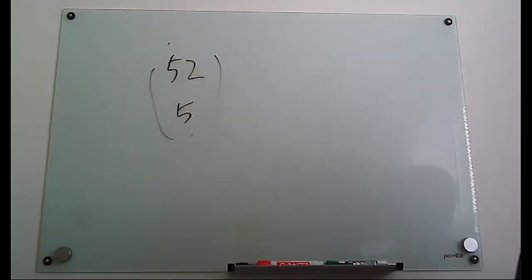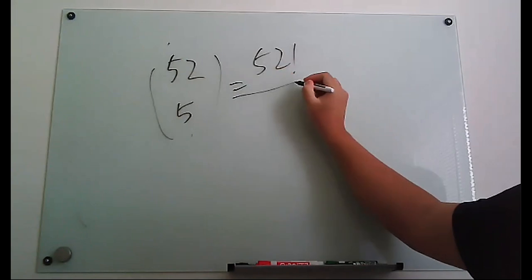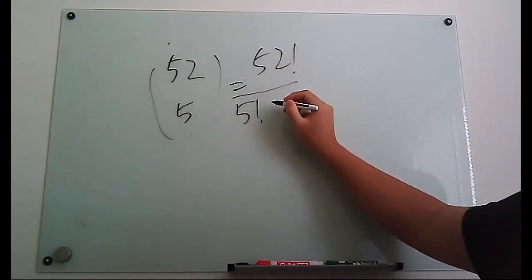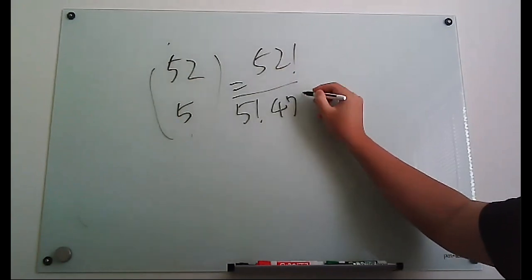So using the previous formula, what would we get? That would be 52 factorial over 5 factorial times 52 minus 5, which is 47 factorial.